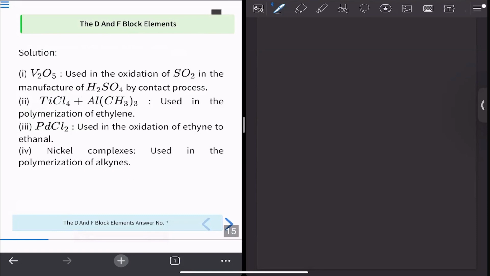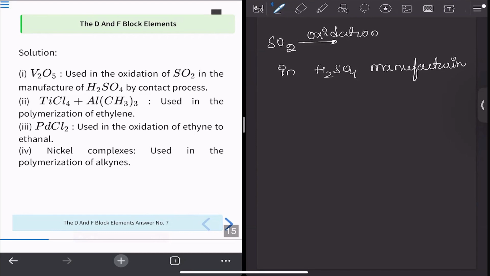We know that in the oxidation of SO2 in the manufacturing of H2SO4, we use V2O5.